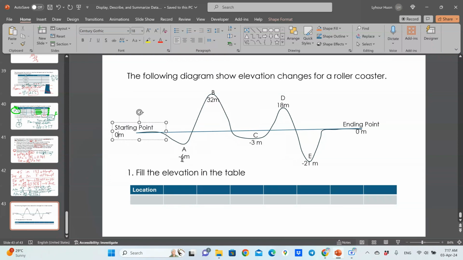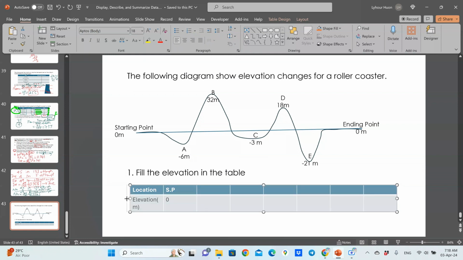How about 0 meter, -6 meter, 32 meters? Is it like the gap from the starting point to A and then A to B? Not the gaps. That should be elevations, because they tell the meter. So let's say SP, the starting point, has elevation 0 meter.